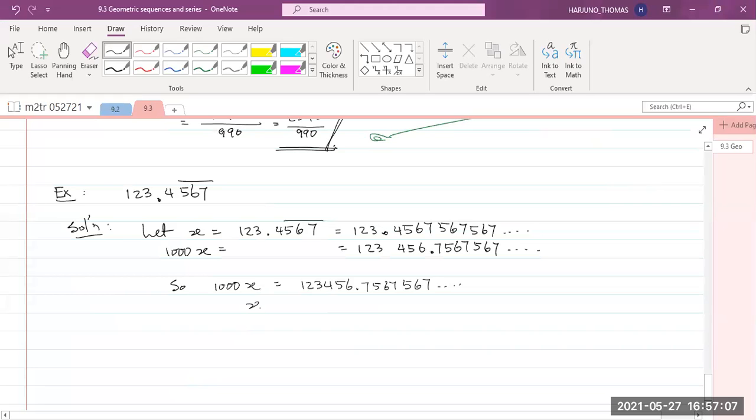And x itself is 123.4567567 and on. And you see that this part cancels when you subtract.